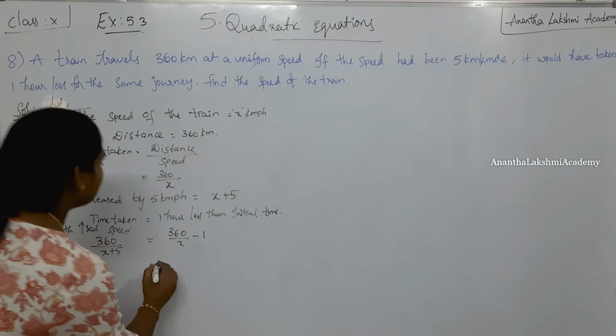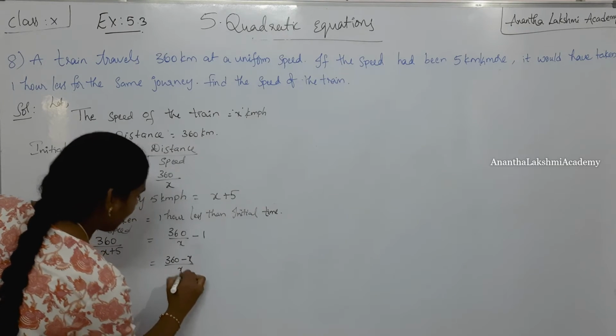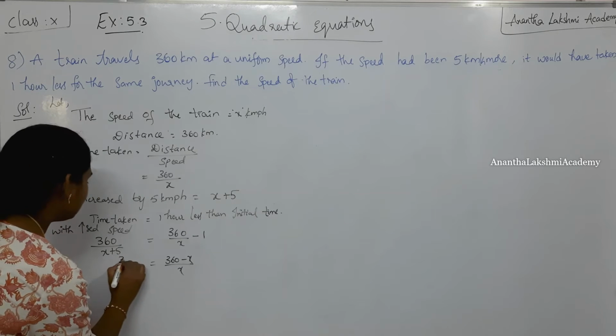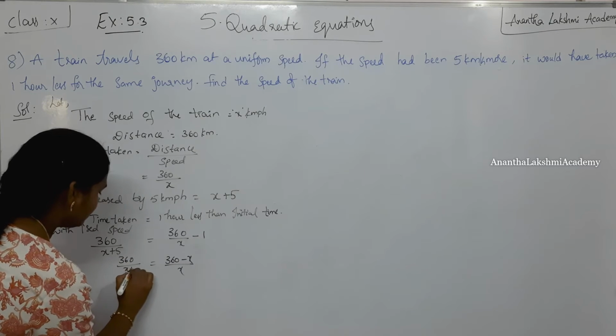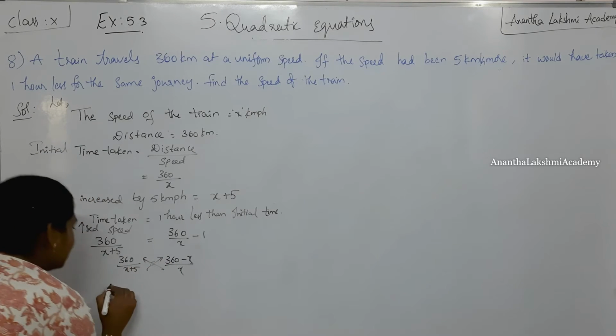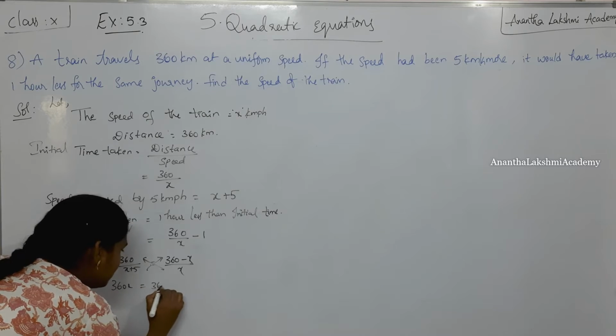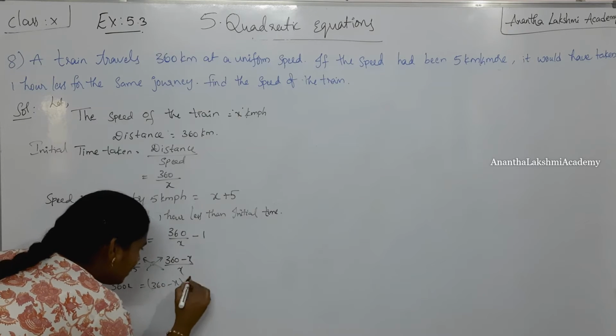Now let us take the LCM on the RHS. 360 minus x by x. This is going to be 360 by x plus 5 on the LHS. Alright, let's do the cross multiplication. So this is going to be 360 into x is equal to 360 minus x into x plus 5.